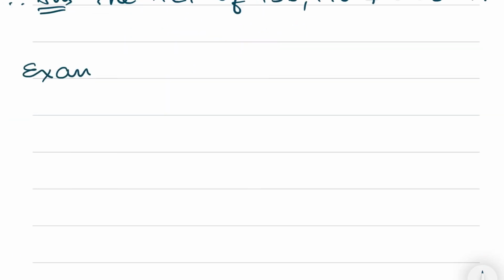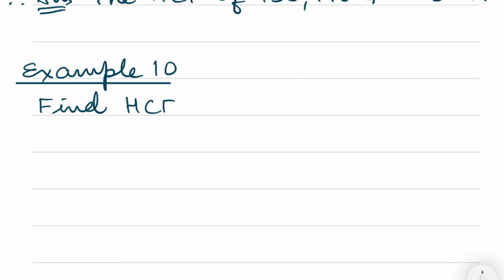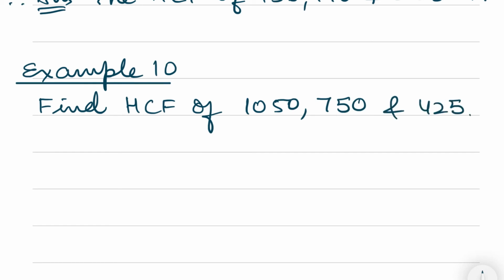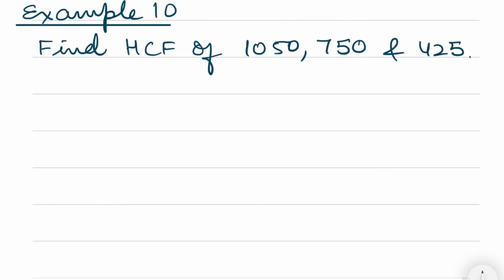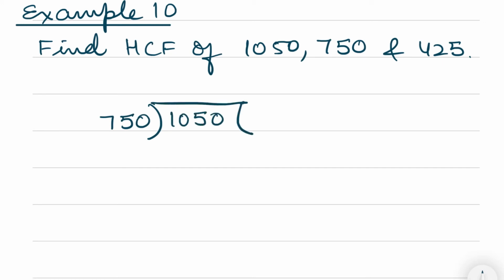Let's take another example. Example 10. Find the HCF of 1050, 750 and 425. So we'll start with the first two numbers. The smaller one becomes the divisor, the larger one becomes the dividend, and on dividing it goes 1 time 750, subtracting we get 300.